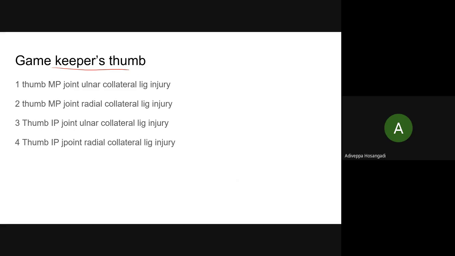Right. So gamekeeper's thumb, or skier's thumb. Skiing is, you know what? Ice skiing. Gamekeeper's thumb. Can anybody answer this before going to literature? It will be interesting if somebody can answer.